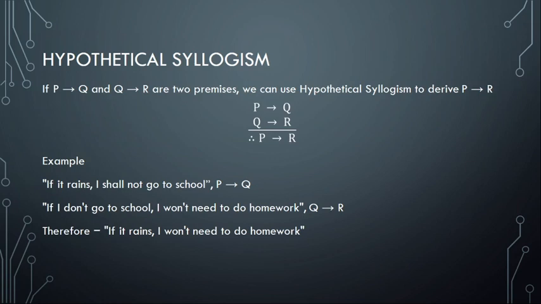If P then Q and if Q then R are two premises, and we can use hypothetical syllogism to derive the conclusion. These are the two premises.